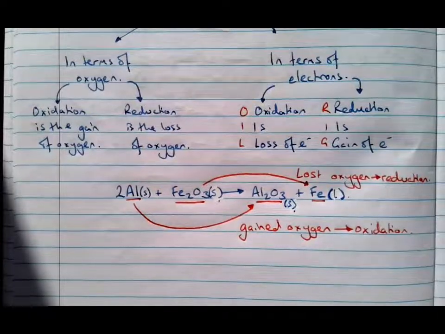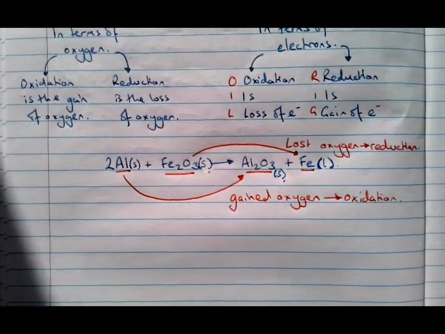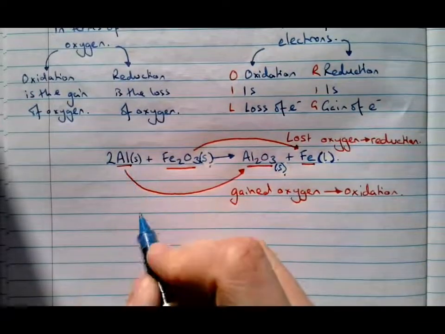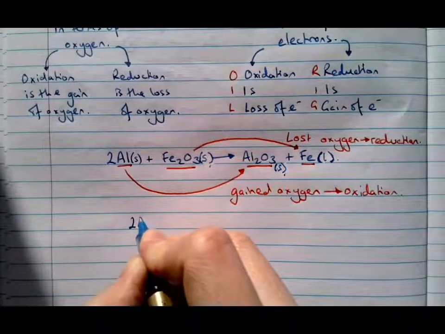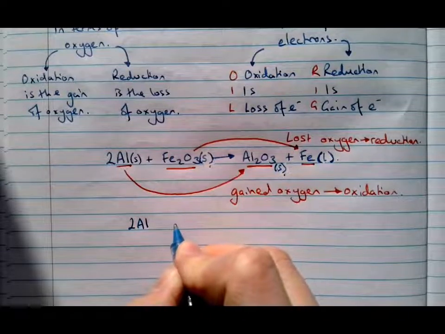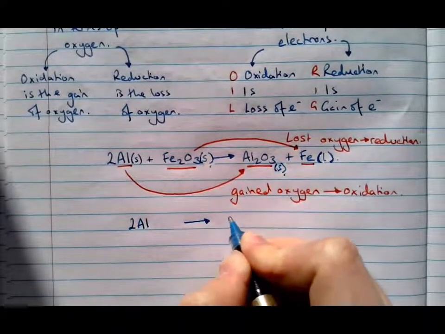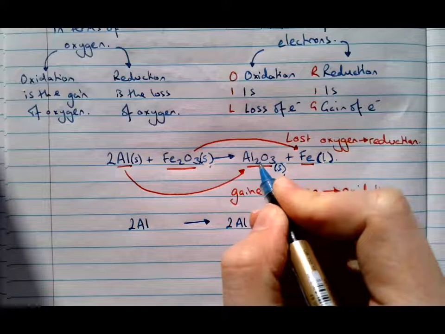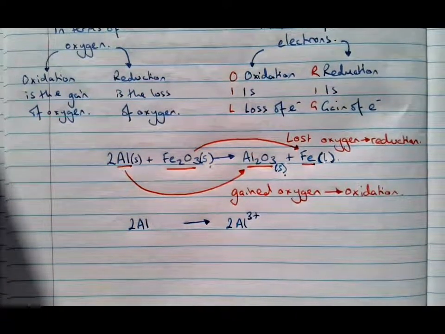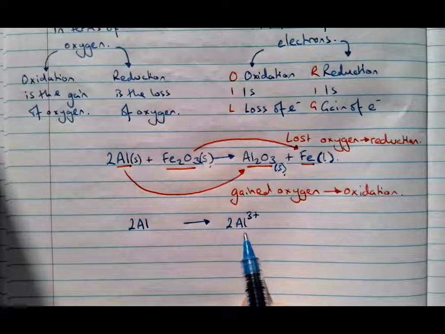Okay, so now we'll not write out an ionic equation, we'll write out half equations for what happens here. So I have two aluminiums, and they go to produce two Al3+, because aluminium is in group 3. Now, how does that happen?